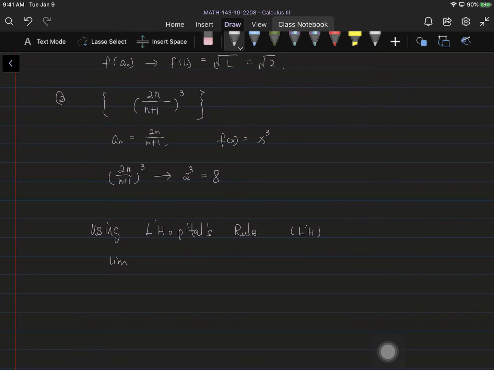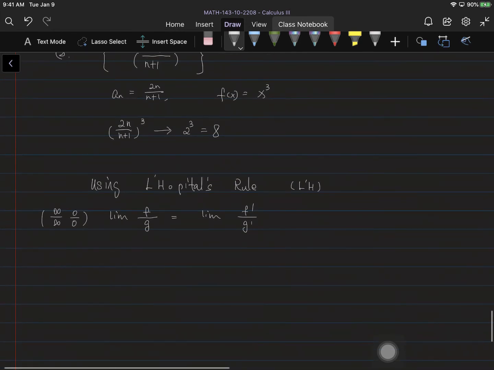Usually this is for infinity over infinity type, or 0 over 0 type limits. We do it this way: we can turn the limit into f prime over g prime. That's L'Hopital's rule. We learned this in Calc 2.